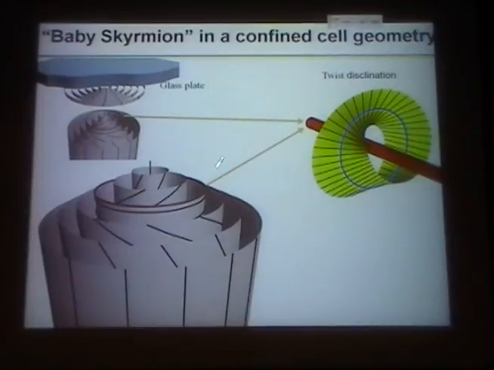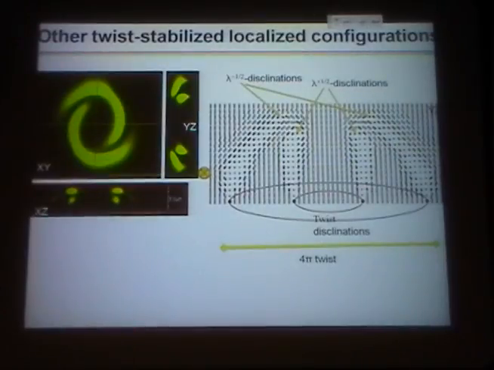All right, and so this slide shows you some details of the configuration of director field as the director of the double twist cylinder inside of the baby Skyrmion is matched to the perpendicular boundary conditions at the substrate.